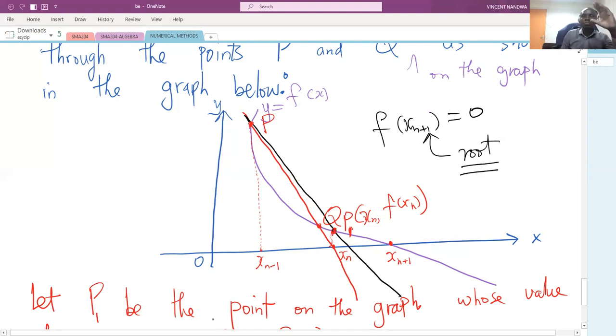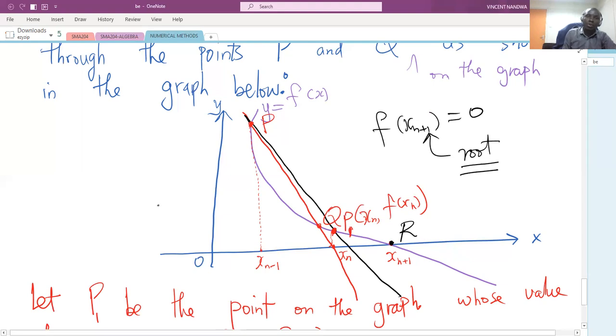So the objective is to draw as many secant lines as possible from the point P towards the point, let me call this point R, where the graph meets the x-axis. So from point P at the top of the graph, we are drawing secant lines towards the point R, so that we can approximate the root, or the value at which the function attains the value 0 on the x-axis.